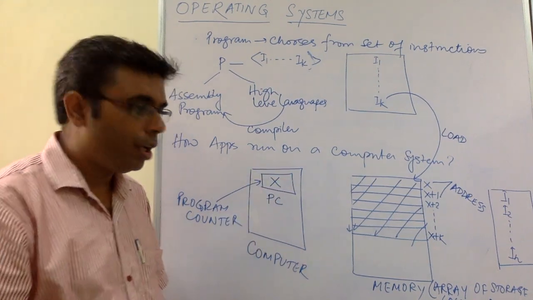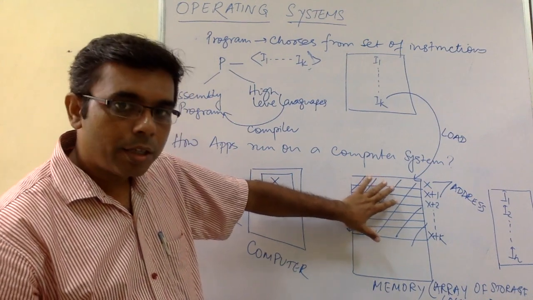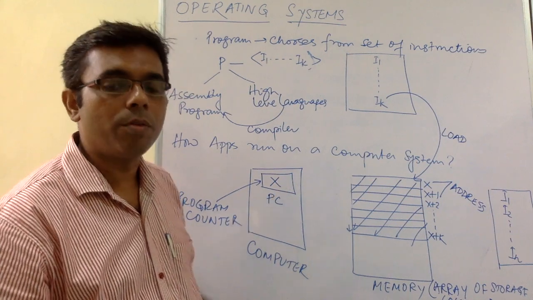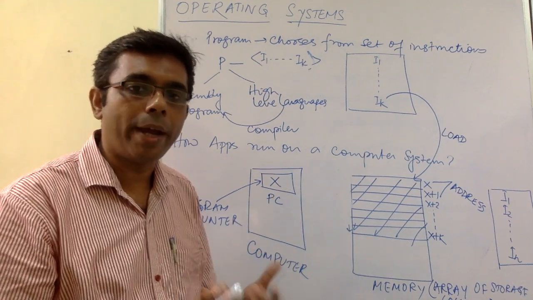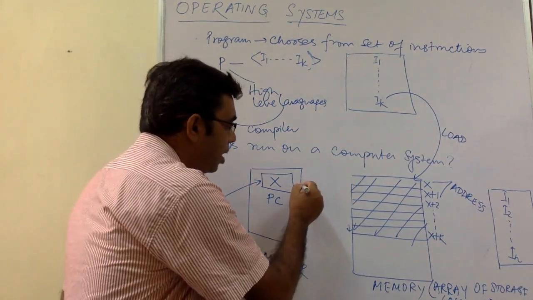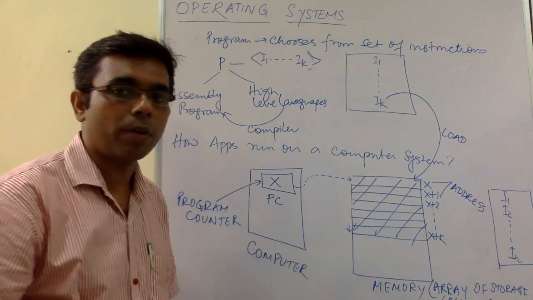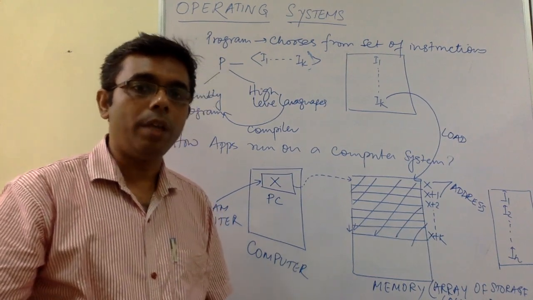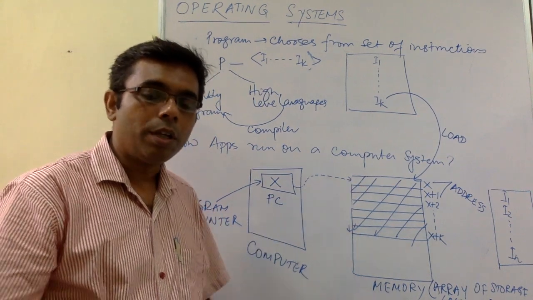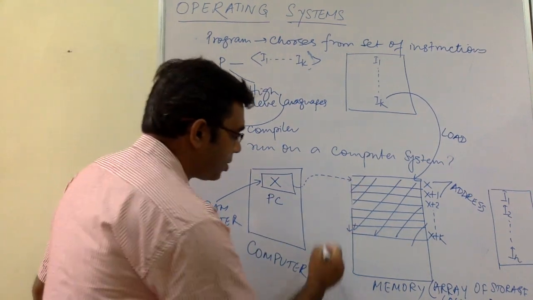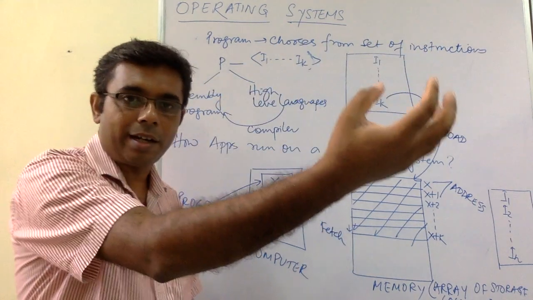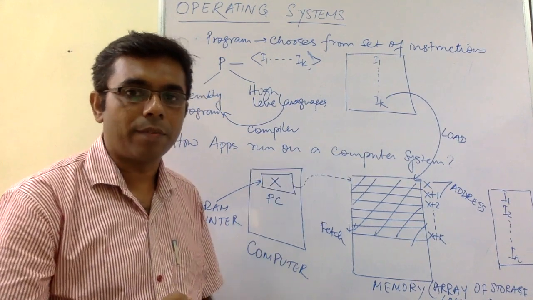During the loading of the program, once the program gets loaded, there's one more thing that is done: the first location of this program is loaded into the program counter, so that the computer knows where to start execution from. It's like a pointer pointing to this particular location. Then the next step is that the computer fetches it, that is, it gets the content of that location into itself.